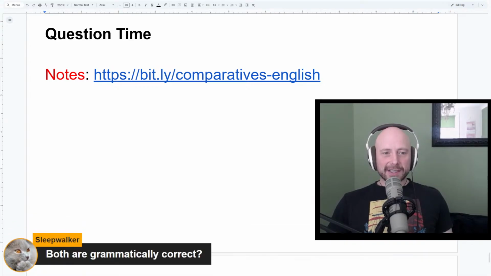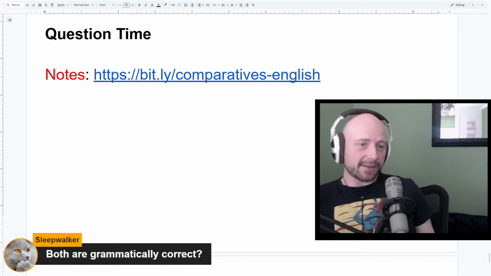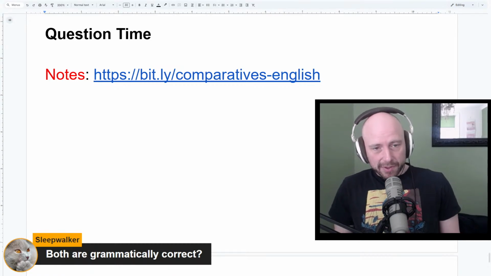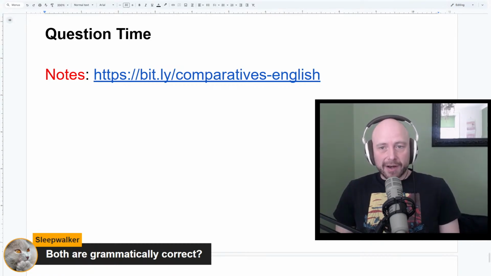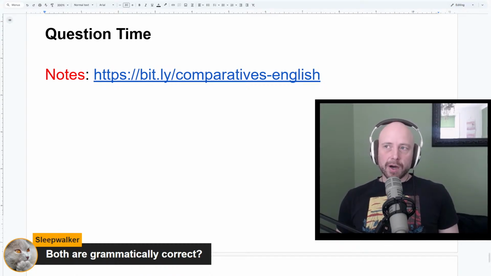Well, this is an interesting question, Sleepwalker. To some extent, the answer to the question of whether both are grammatically correct depends on how much you are a traditional grammarian and how much you're a descriptive grammarian.